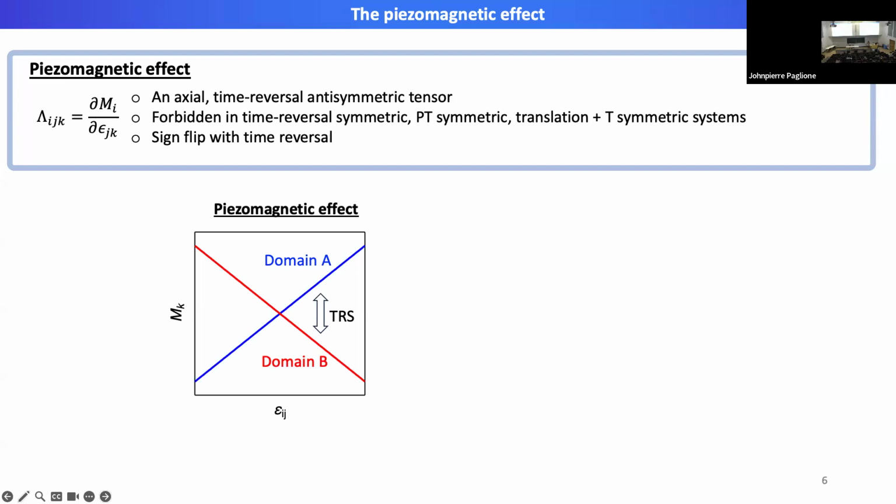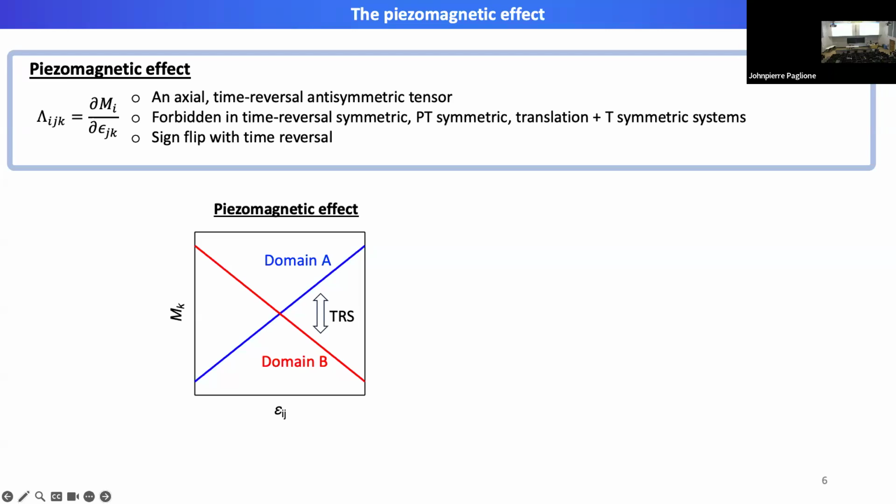The piezomagnetic effect of those domains would have opposite signs. And this is illustrated here, where the linear relation between magnetization and the stress or strain applied to these domains would be of opposite signs to each other.